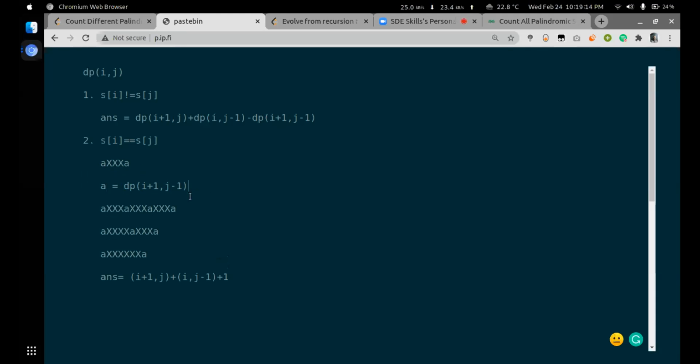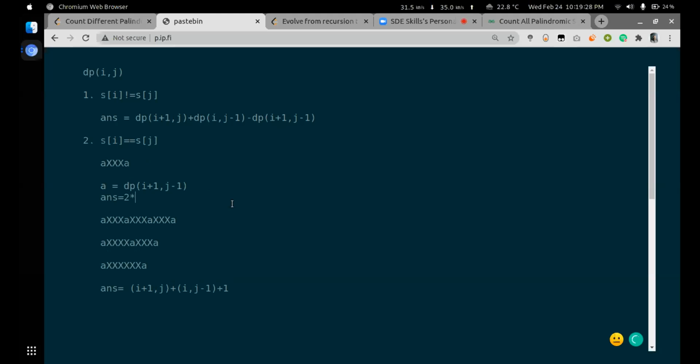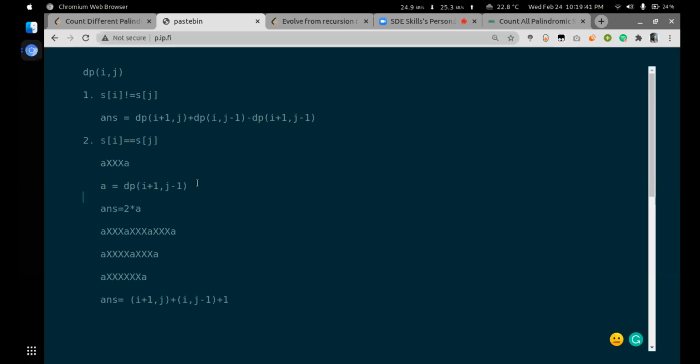Now I always have two options: I include these two A's with the palindromes, or I exclude them. So in my final answer, I will always add twice of A. Does this make sense? So I first count the distinct palindromes in between the endpoints.